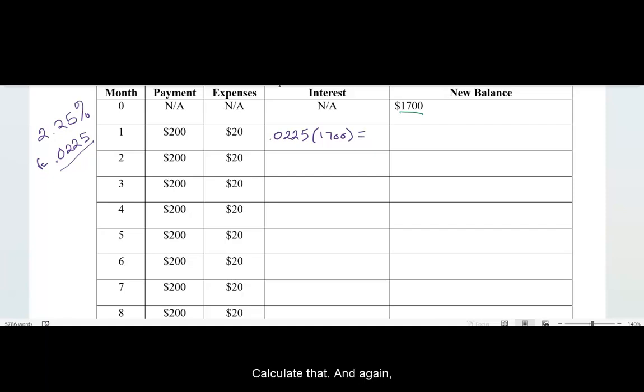Calculate that. And again, this is all about dollars, so we're always going to round to the nearest penny. So we should get about $38.25. That is the interest. That is how much we just paid out of the $200 payment we just made. $38.25 of that $200 went to interest.